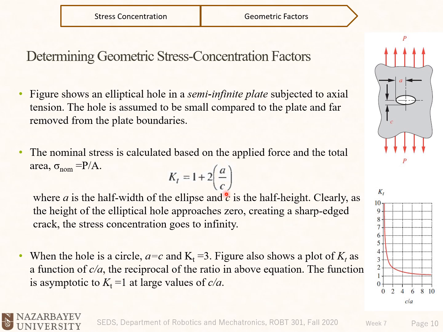So if C goes to infinity, then this hole or the crack won't be opened by the forces. We could say the crack will be closed by the forces, and this shape at the middle won't have any effect on the stress concentration, and KT will be equal to 1.